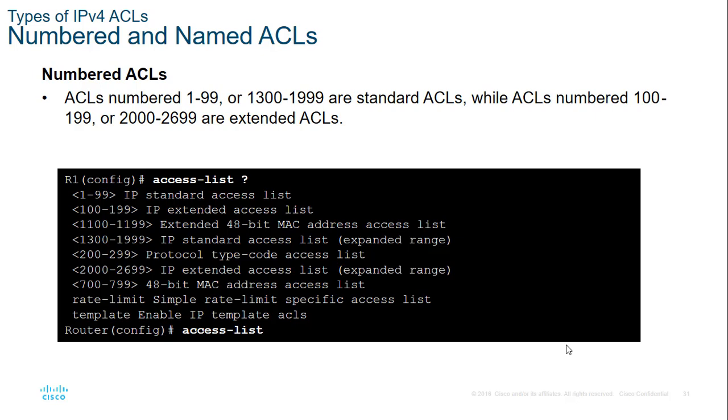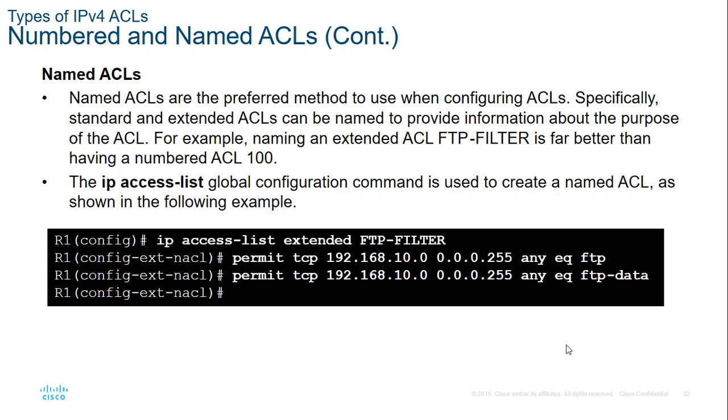So if we were to take a look at what we're looking at down here, this is an example of an extended ACL. Then this is a named ACL, but named ACLs are also extended ACLs. And this one here, as you can see, is saying I want to permit protocol TCP/IP, the 192.168.10 network, and its wildcard subnet mask.